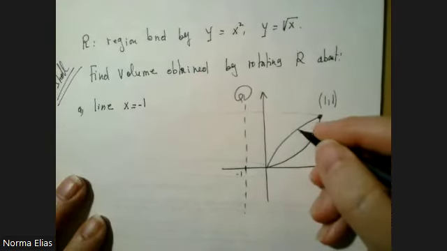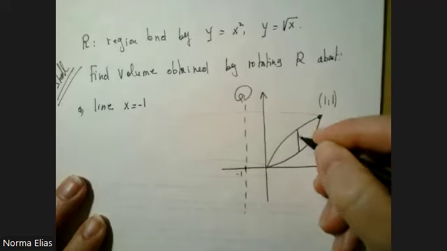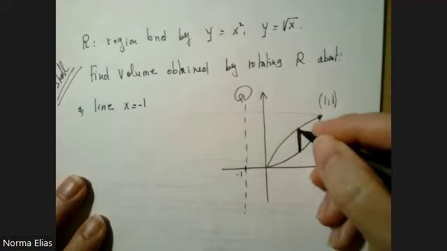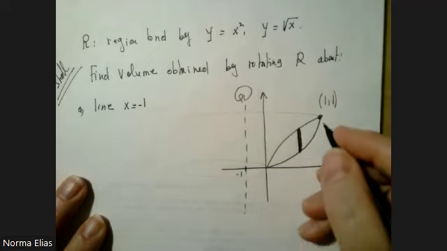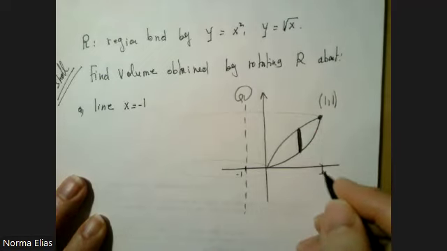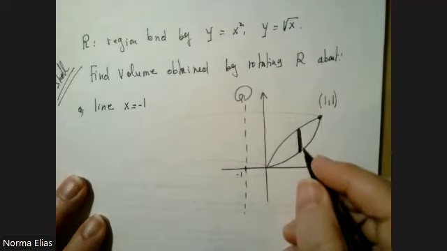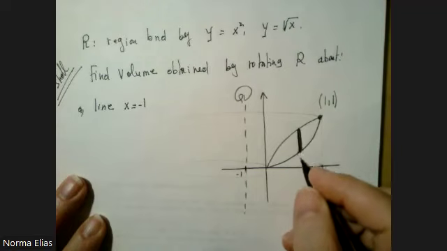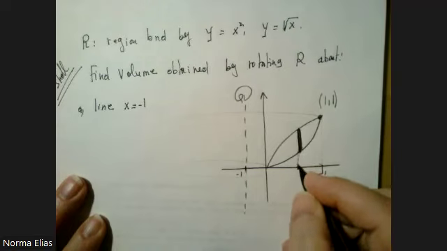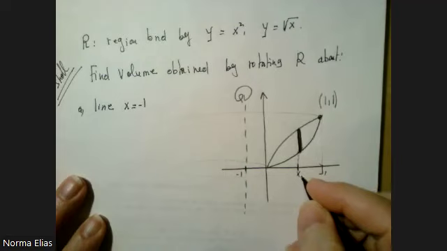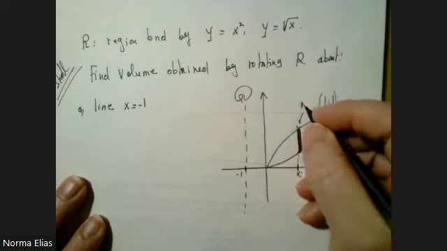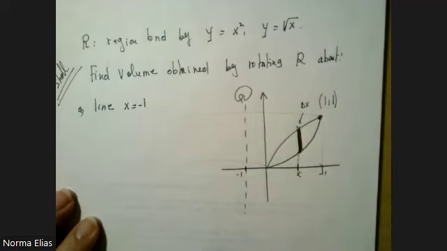Since I'm using the shell method, I'm taking those slices which are parallel to the axis of rotation. And so this is my one in here. And I'm going to take my xi. You can take it to the right, to the left. It doesn't really matter where you take it. So this is my xi, and this is my delta x. Even if you write x instead of xi, it's all right with me as well.